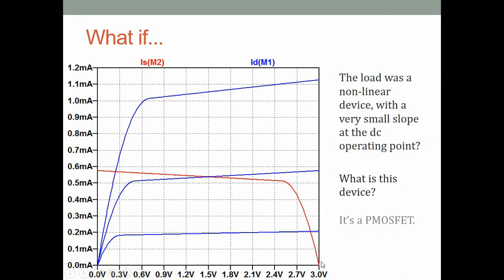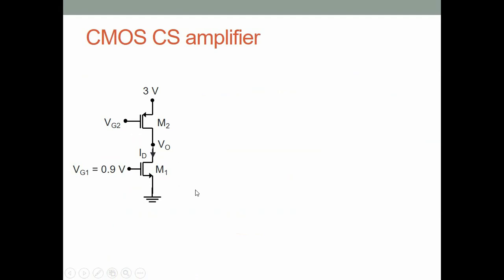So here is a circuit. Instead of a resistor, we connect a PMOS here, and what we have plotted there is VO versus ID. So when VO is 3 volts, the drain source voltage of the PMOS is 0, so no current flows through it.